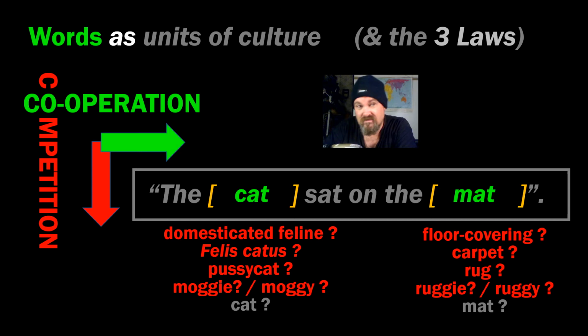So whenever we choose between different synonyms, there's often several good reasons for picking one word over another, whether we're looking for scientific precision in an academic article, say, or whether we wish to be smaller, simpler, easier to digest for, say, a children's audience. So that's one explanation of how cooperation and competition comes into play between units, in this case words, when composing a sentence.